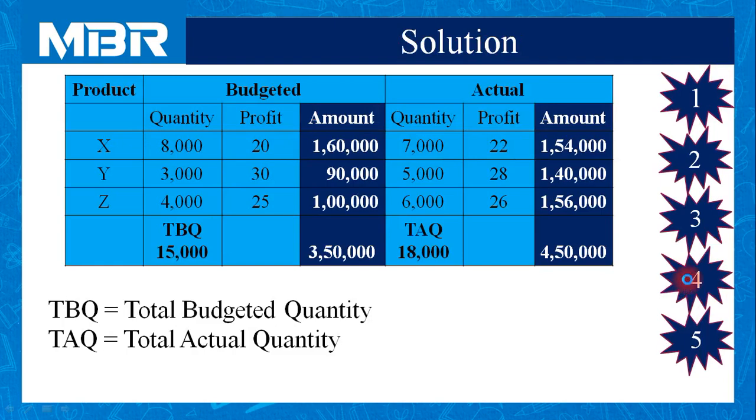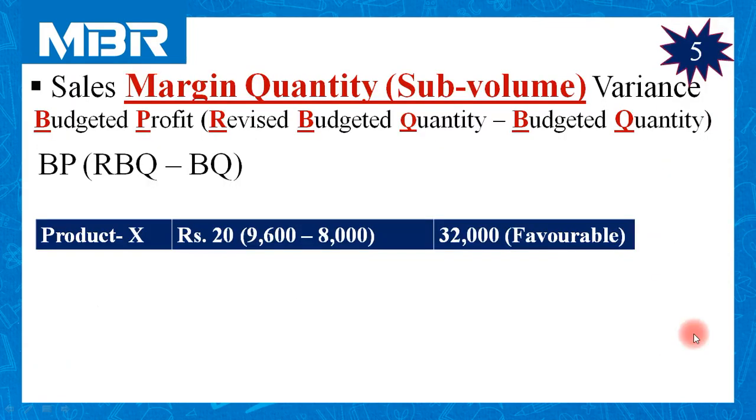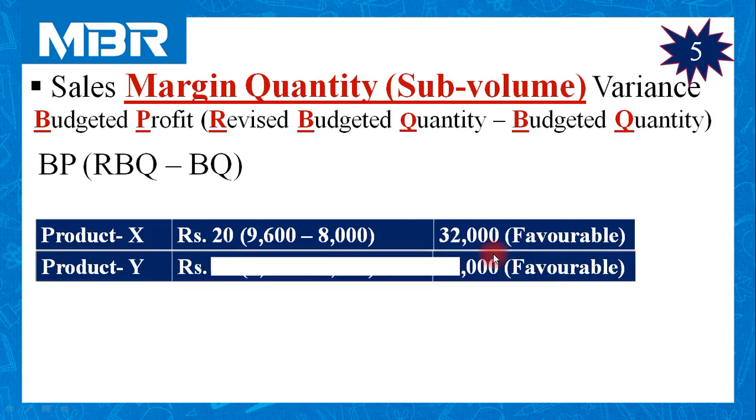You can check. And we have completed calculation of revised budgeted quantity for X 9,600 units, Y 3,600 units, and Z 4,800 units. So 32,000. As compared to budget, revised budgeted quantity is greater. So the difference is treated as a favorable difference.